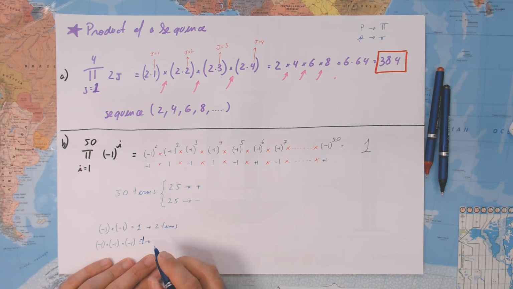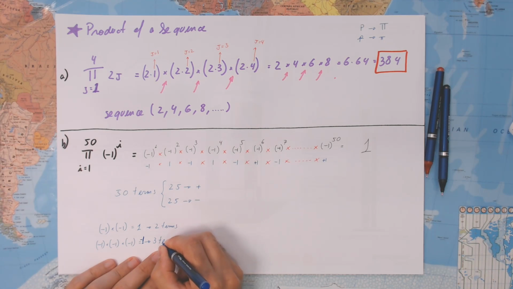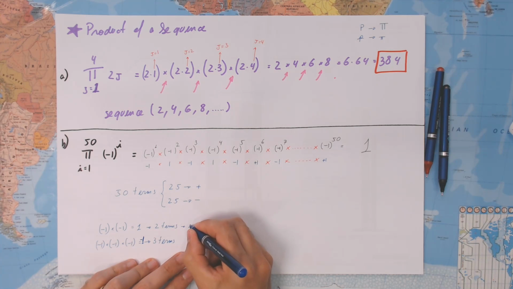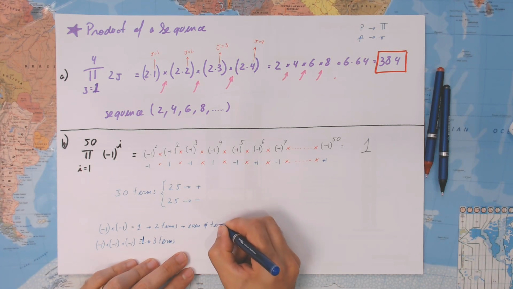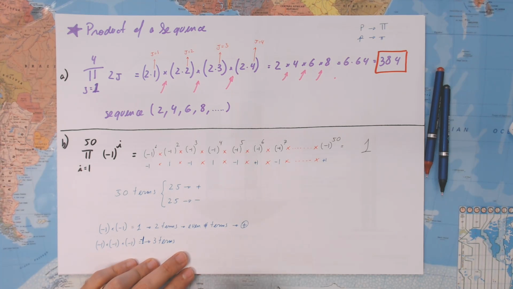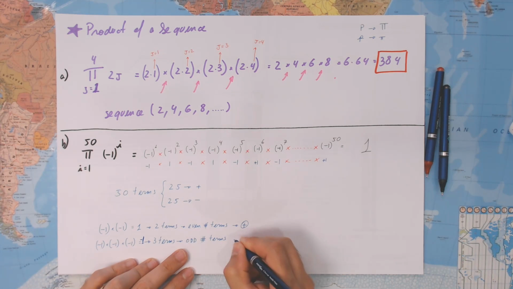In this case, we have a minus 1, and this is 3 terms. Meaning that whenever we have an even number of terms, we have ourselves a positive outcome. Whenever we have an odd number of terms, we are going to get a negative outcome.